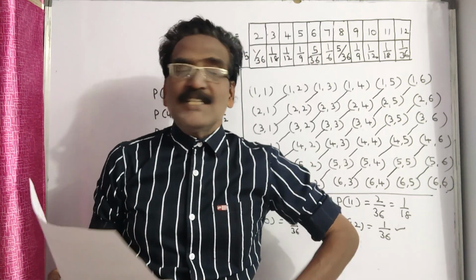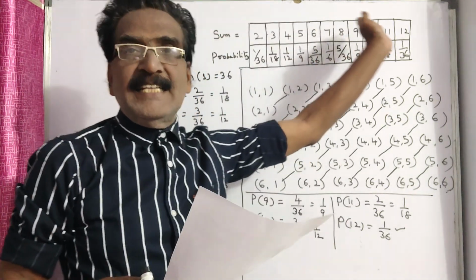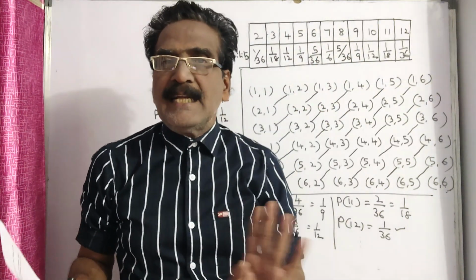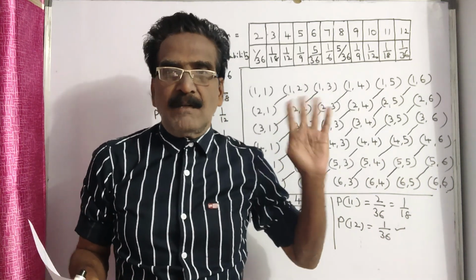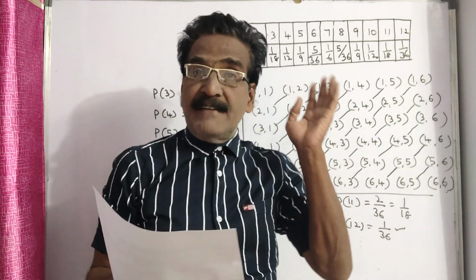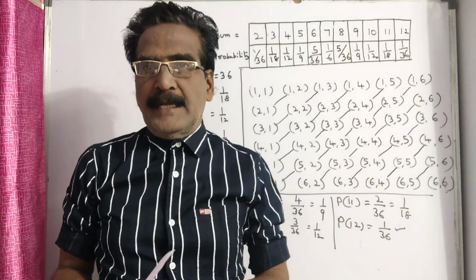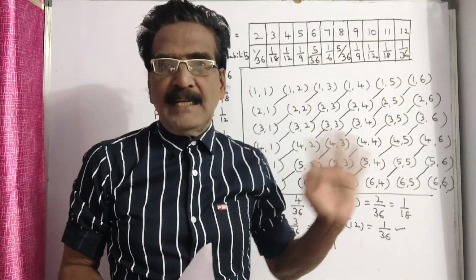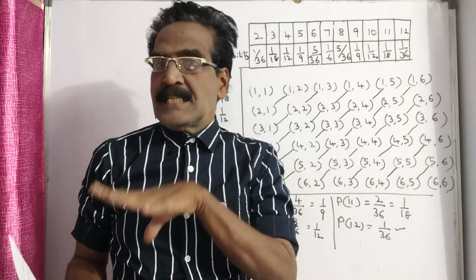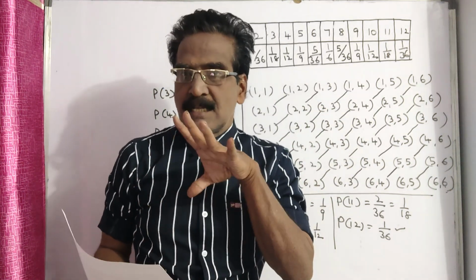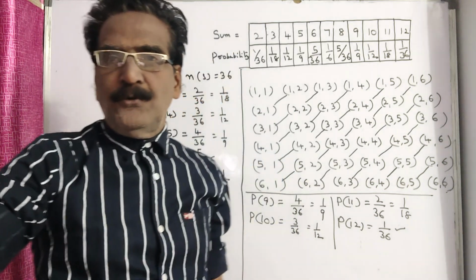Friends, no. See, these events are not equally likely events. Different events have different probabilities. So the argument of this student is not correct. Okay, friends. Thank you. Have a nice day.